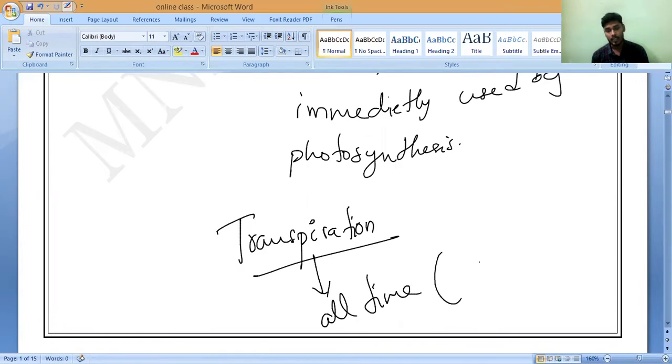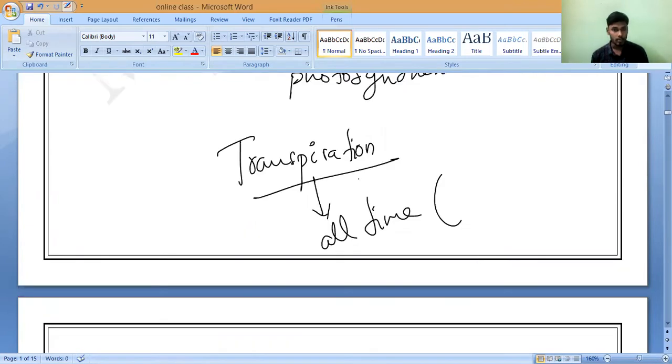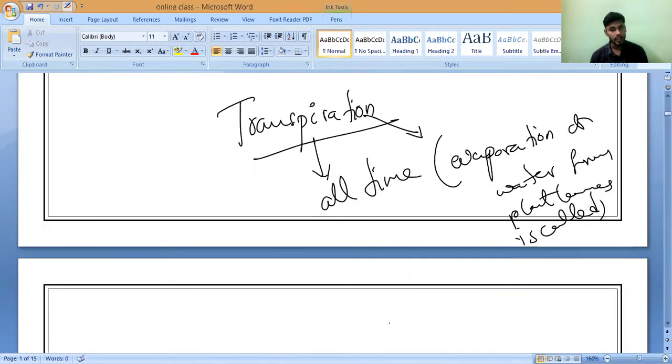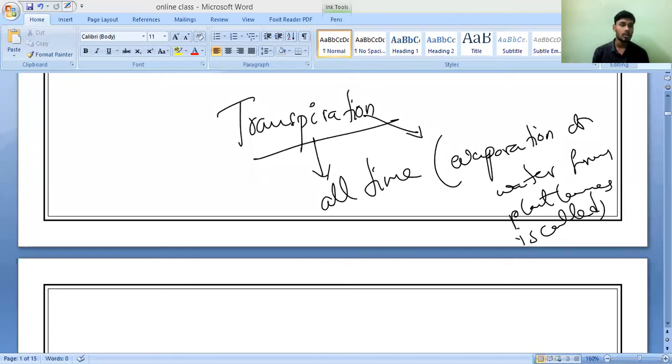This is called evaporation of water from plant leaves, which is called transpiration. So this is how the waste water vapor is got rid of by the process called transpiration. Do you understand, all of you?